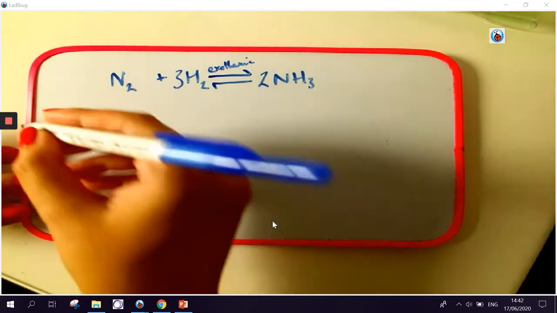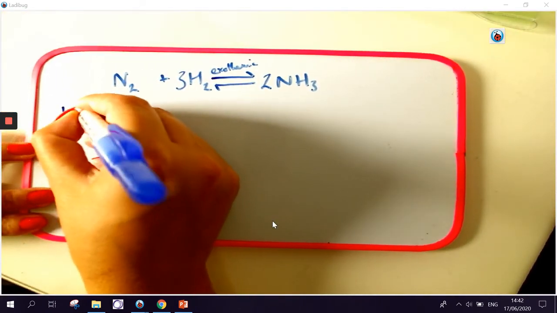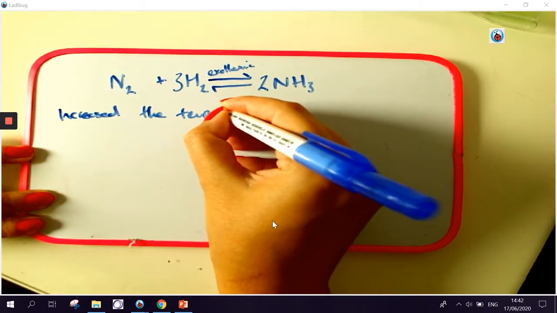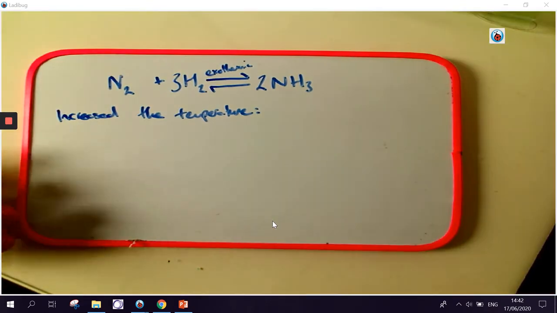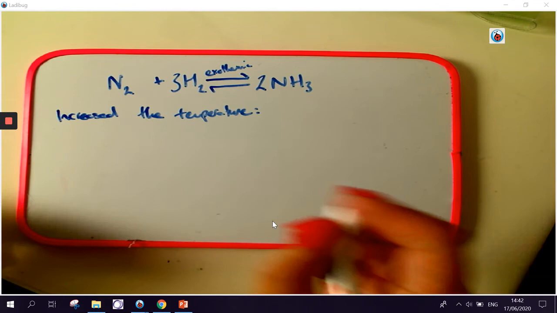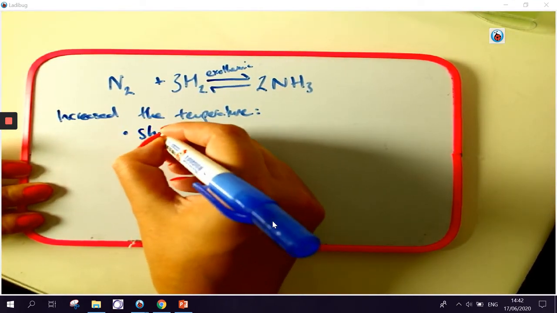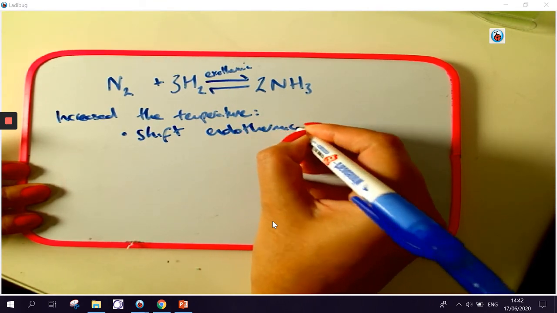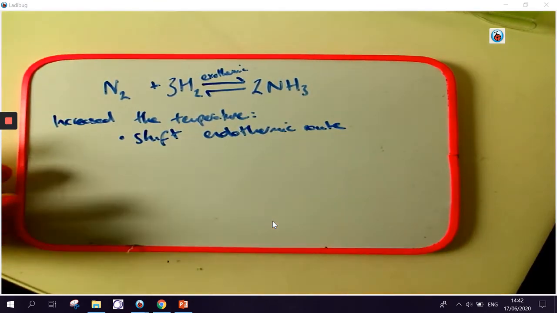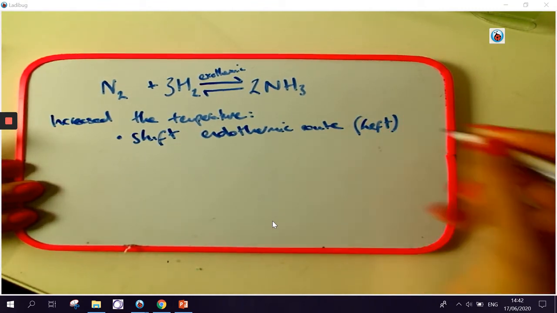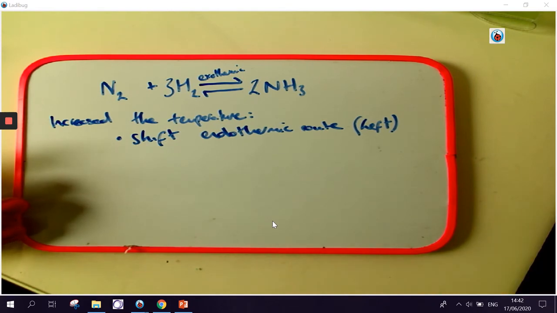So, what would happen if I increased the temperature? Okay, so the first thing that will happen is if I increase the temperature, the reaction will shift in the endothermic route, which in this case would be to the left, because it's going to take in that thermal energy.